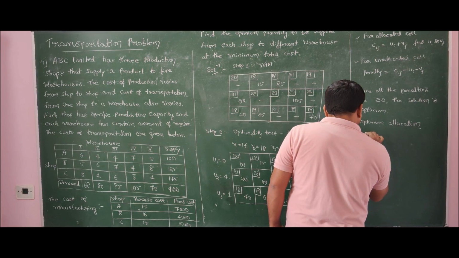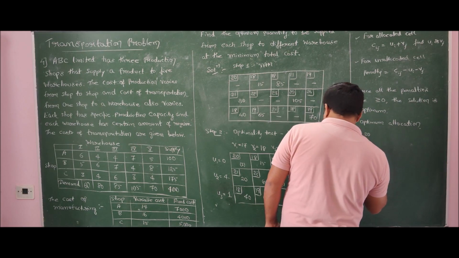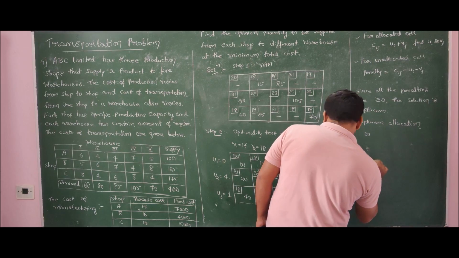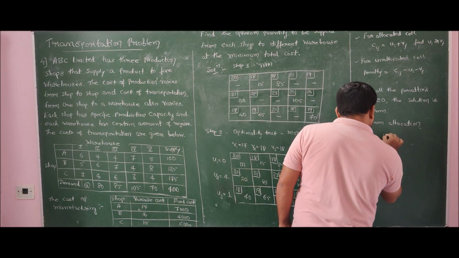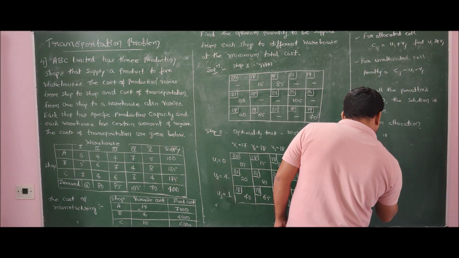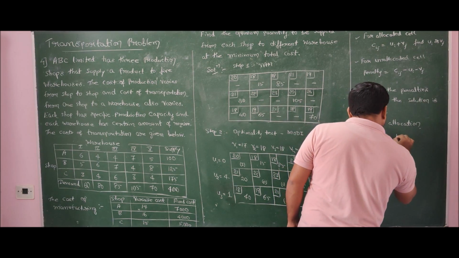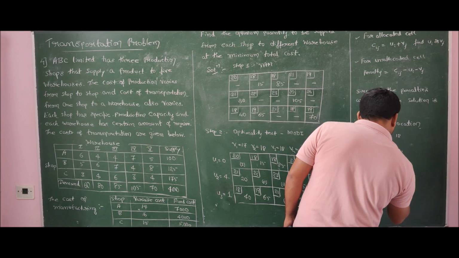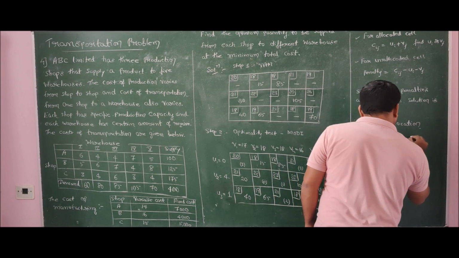So therefore the optimum allocation will be, we have 20, 21 and 18. We have 18, 22, 19. Then we have 18, 23, 21.